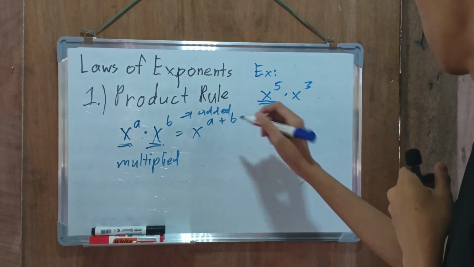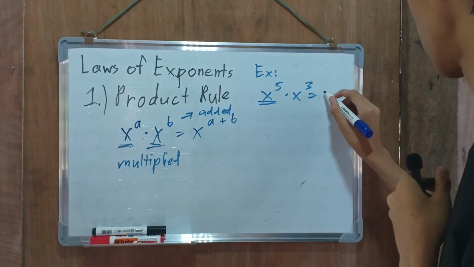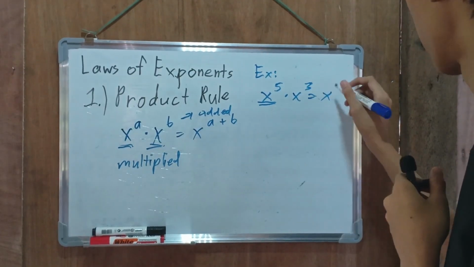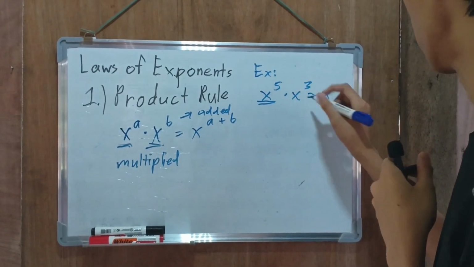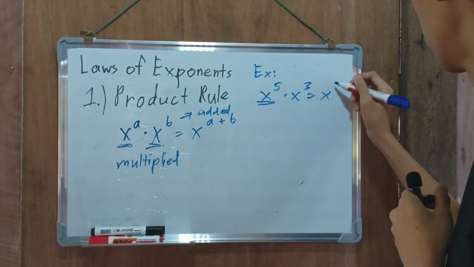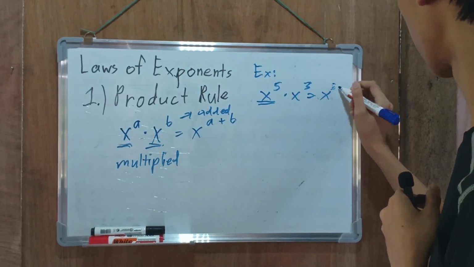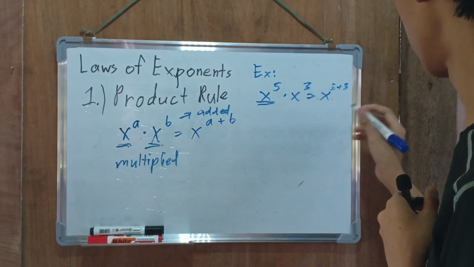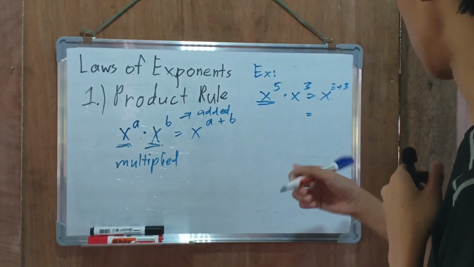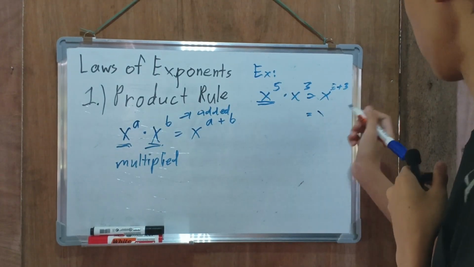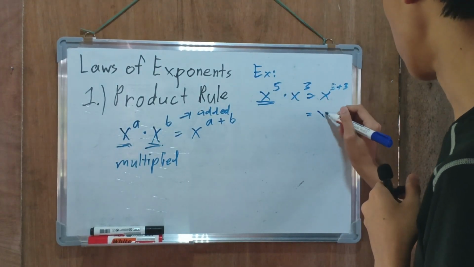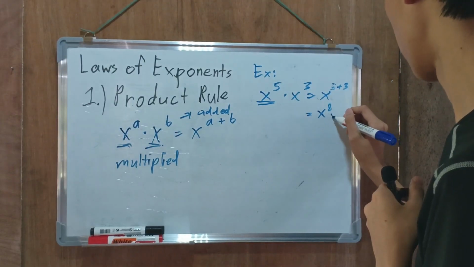Take one of the bases, which is x, and then take the two numbers, which are 5 and 3, plus 3. This means 5 plus 3 is 8. So x is raised to 8.